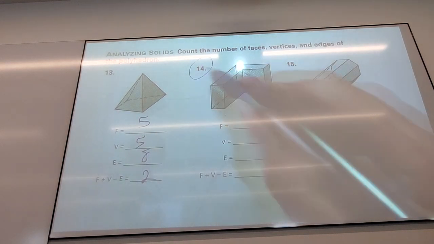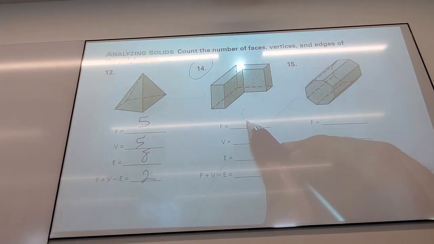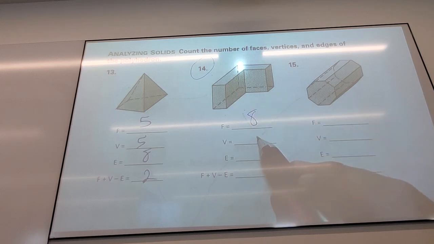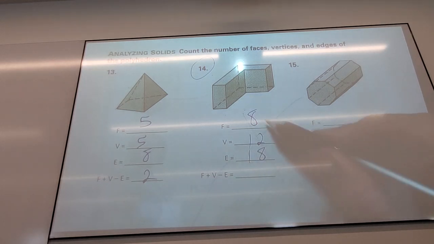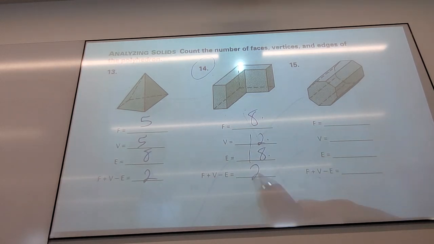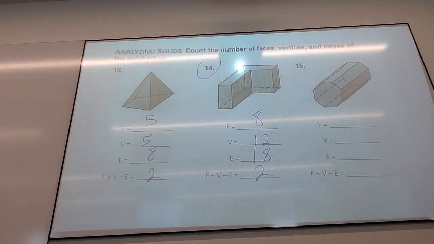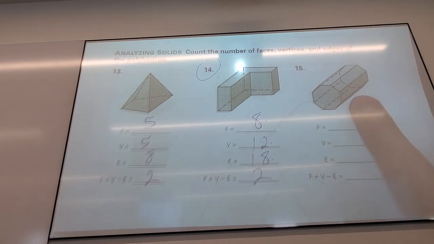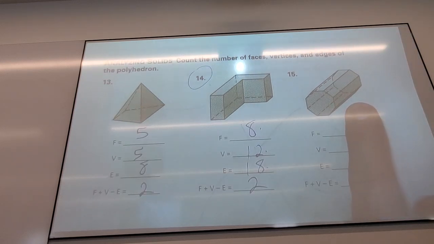So how'd you guys do on number 14? Anybody got that? How many faces? 8 faces. How many vertices? 12. And how many edges? 18. So 8 plus 12 minus 18 is 2 again. And what would you guys call this one?